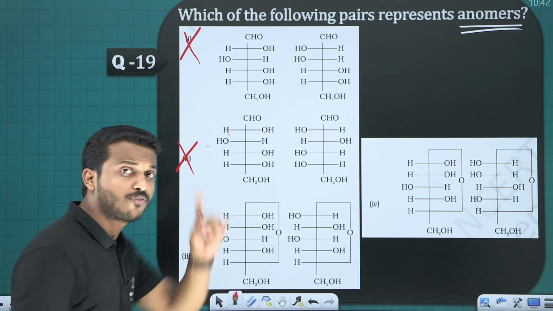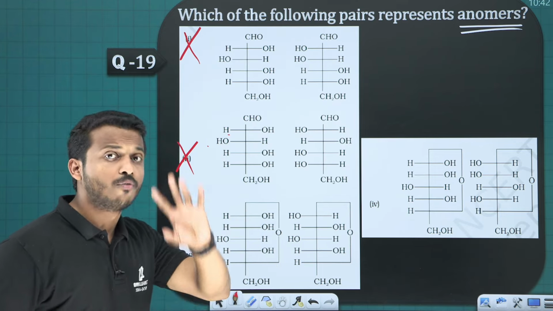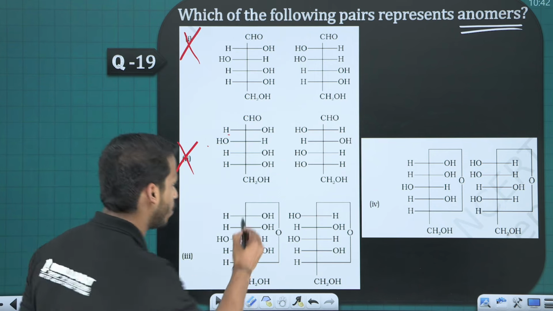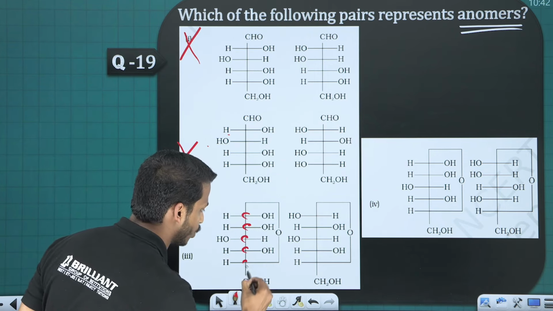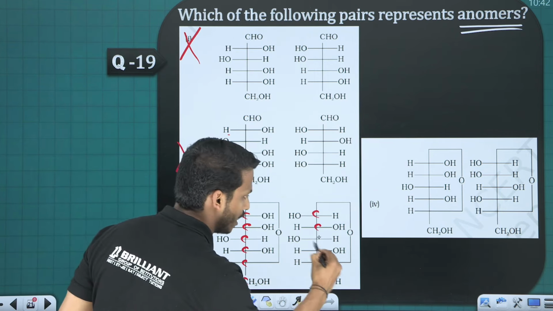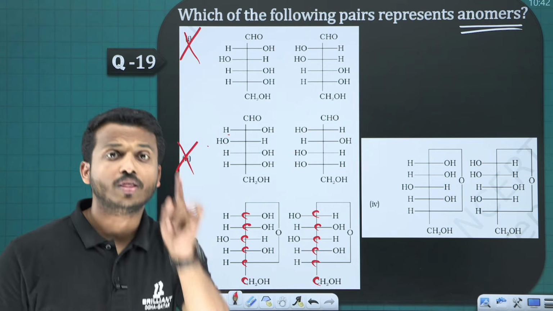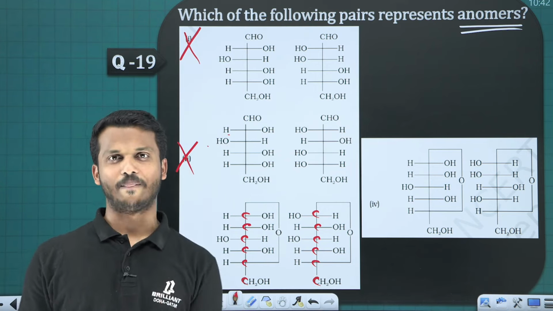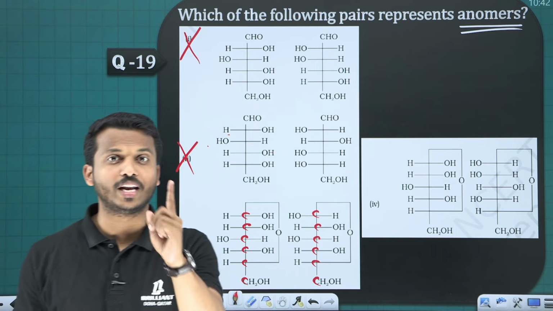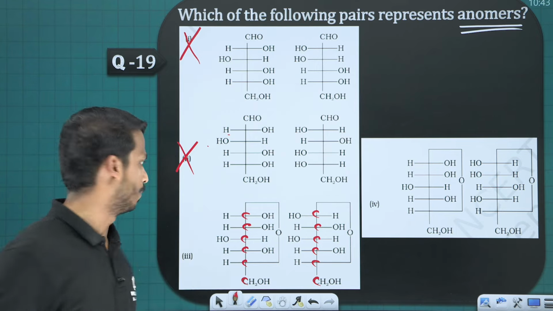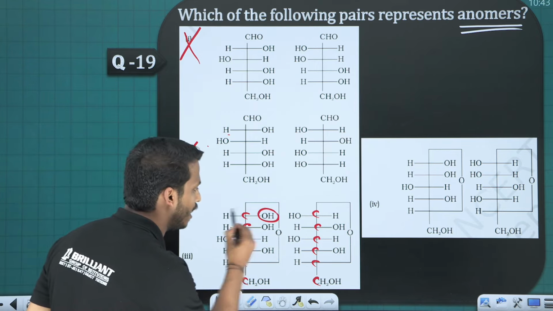So here, what is the first condition for anomers? First, they are isomers, right? Isomer means the same number of carbons should be there. Ready? Yes, there are the same number of carbons, 6 carbons. And what are anomers? Only one carbon configuration is different. Here you see this carbon OH right, H left.